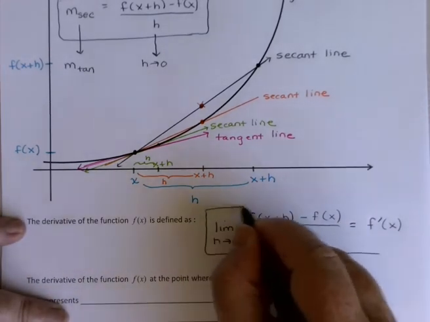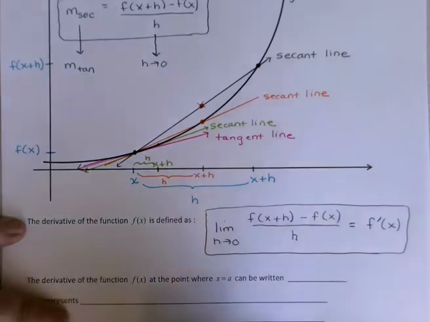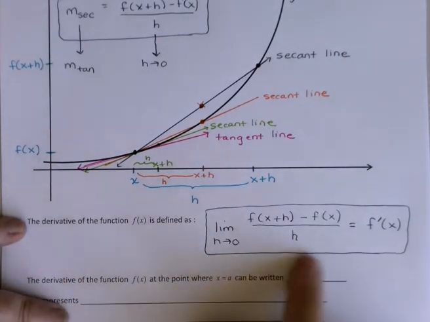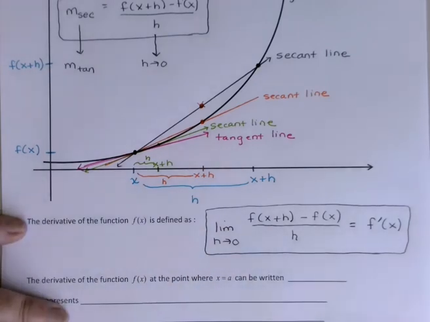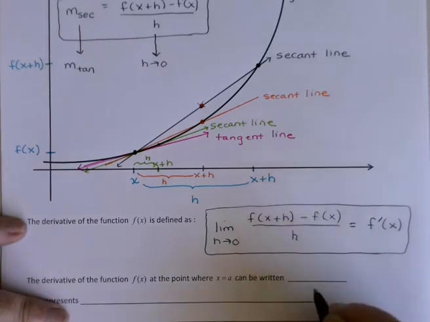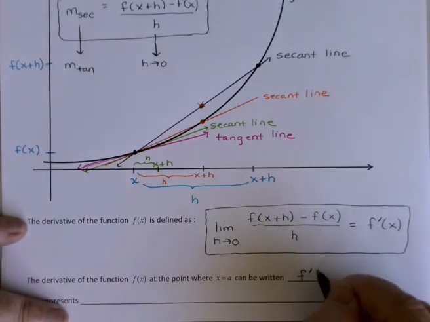And geometrically, we'll always keep in mind that the derivative, which is just the value of this limit, is simply the slope of the tangent line to the graph of the function. If I want that slope at a specific point, where x equals a, then I can say that I'm finding f prime of a.